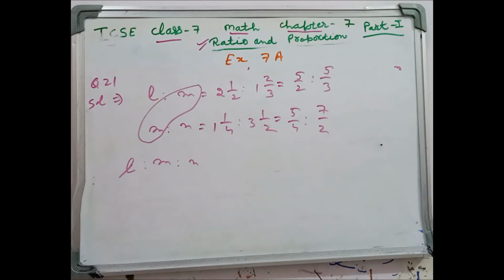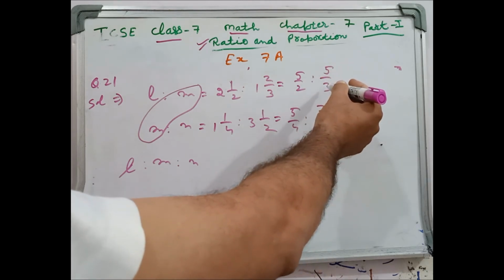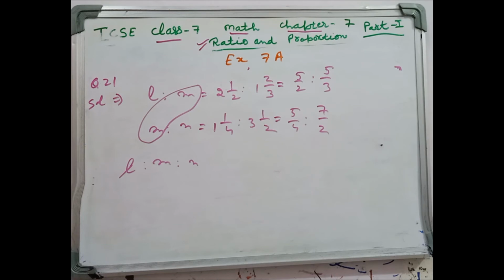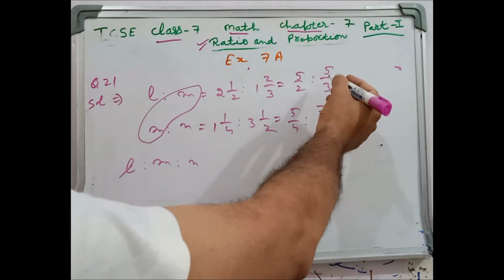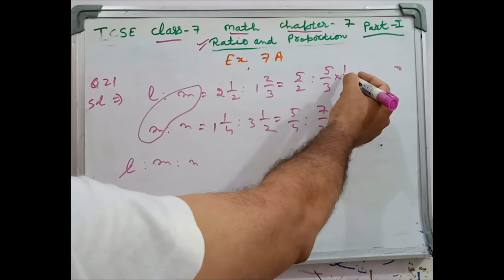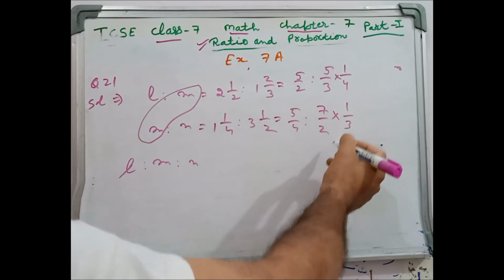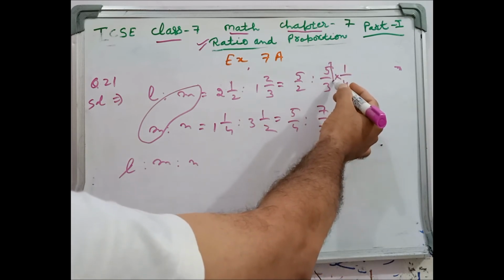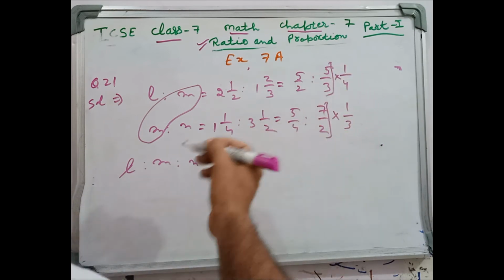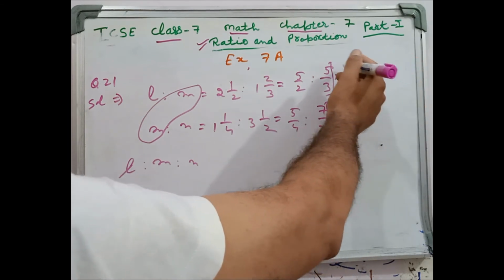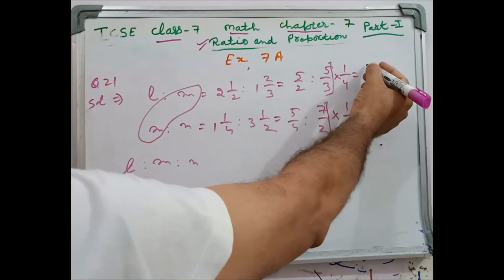We have to make it same. For making it same, the numerator is same here, we have to make the denominator same. For that, we will multiply this by 1 by 4 and this by 1 by 3, the whole ratio.